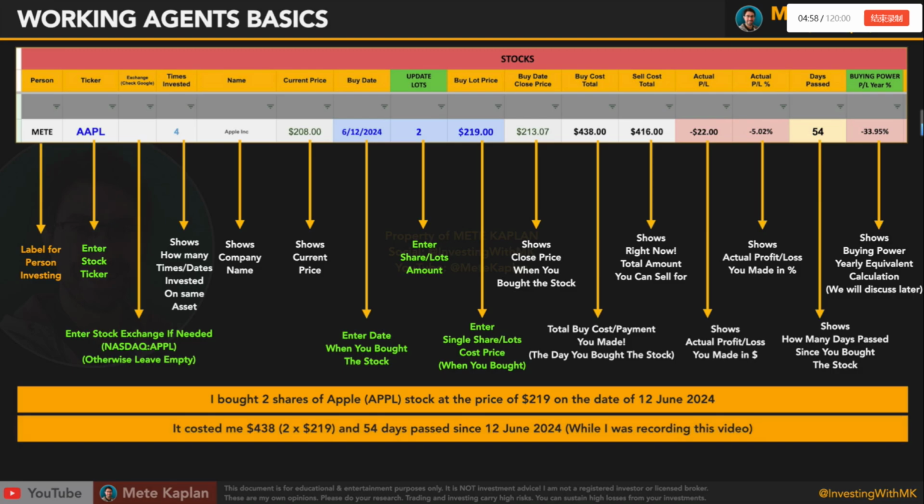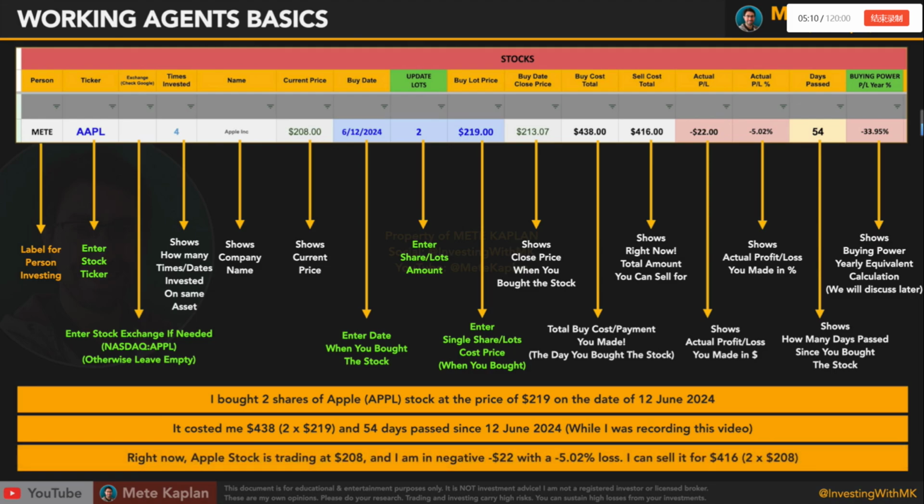It cost me around $438, and 54 days have passed since 12 June 2024. Right now, Apple stock is trading at $208 and I am in negative $22 with a 5% loss. And I can sell it for $416.